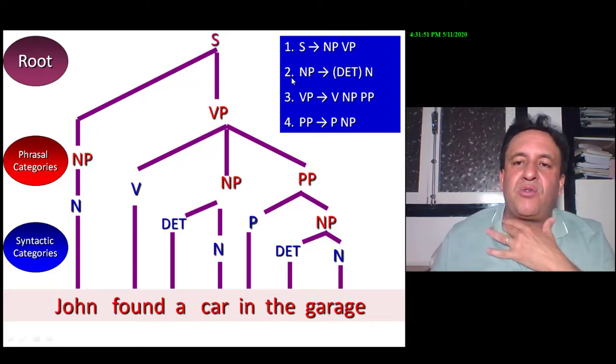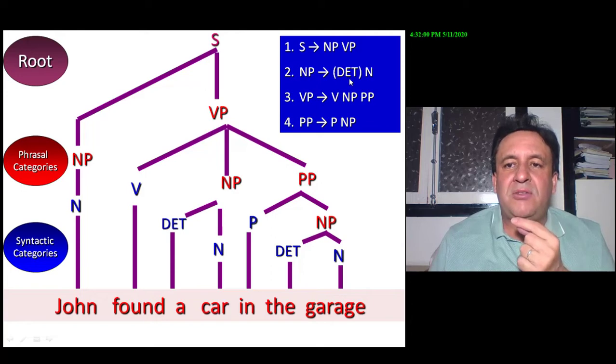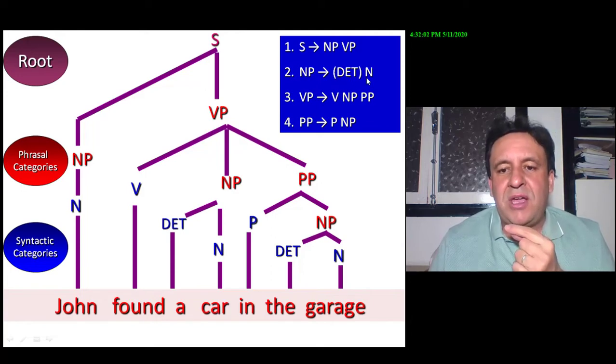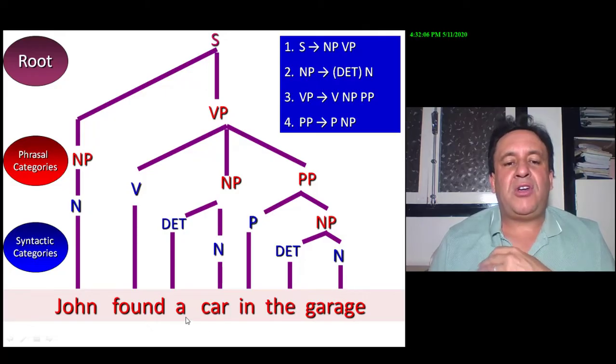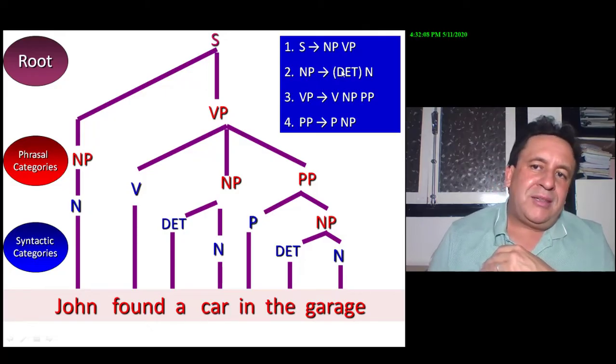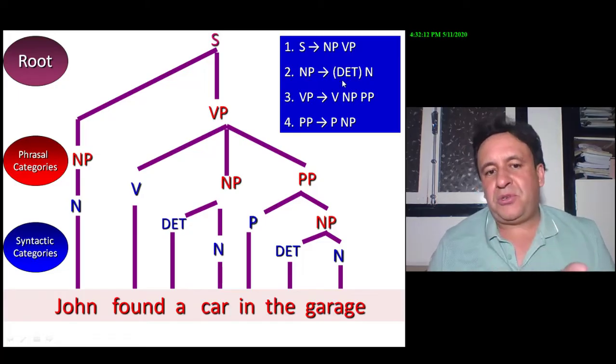Now the second rule is NP rewrites as (det) N, where det is determiner. This is another way of saying that the NP consists of a determiner followed by a noun. This is exactly what we have in the garage, what we have in a car. But why do we put det between parentheses? We do so because the det itself is optional.